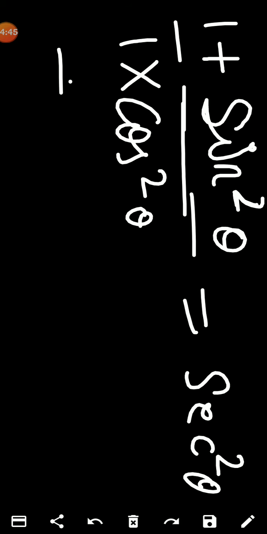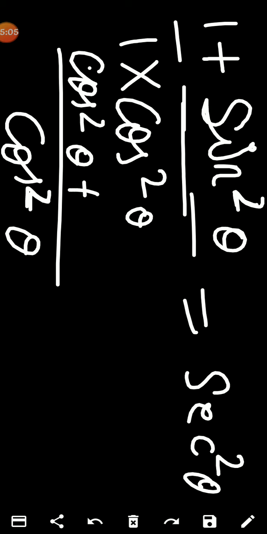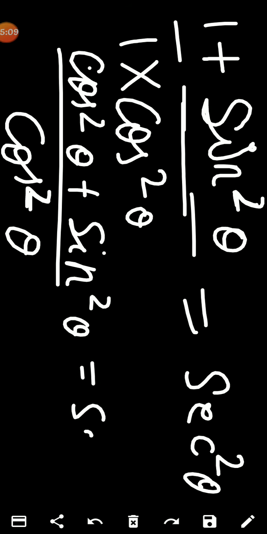We get the common denominator as cos square theta, because cos square theta into 1 gives cos square theta. If we multiply the denominator with cos square theta, we need to multiply the numerator also with cos square theta. So cos square theta into 1 again is cos square theta, plus sin square theta is equal to secant square theta.